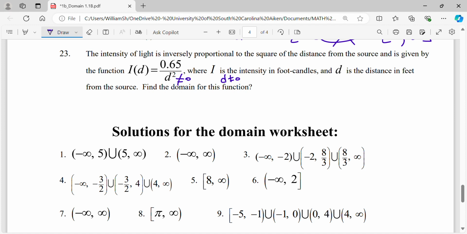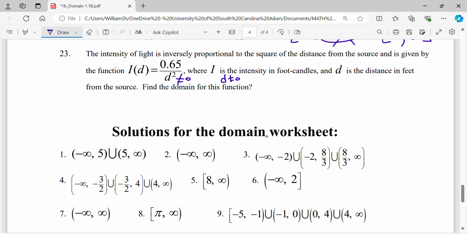Now, going the other direction, it can't be 0, but I could back that light source out as far away from that wall as I want, or whatever I'm shining it on. So technically, I could go back as far as infinity. Now let's think about negative infinity. Can you have a negative distance here? Not really, because just because you change direction doesn't mean you really have a negative distance.